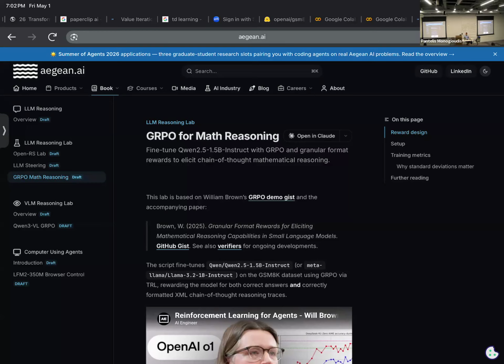It will apply GRPO on math reasoning using a small language model, Qwen 2.5 with 1.5 billion parameters. This notebook requires 55 gigabytes of VRAM to run, so you cannot run it on your own consumer hardware, but you can rent hardware from low-cost providers.